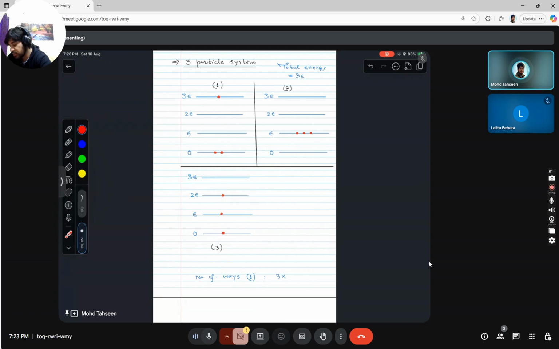So it won't matter if you put one particle here or this particle here. It will not make a difference. There is only one way to allot 2 particles to a particular energy level, right? So there is only one way. So the total number of ways is 3.